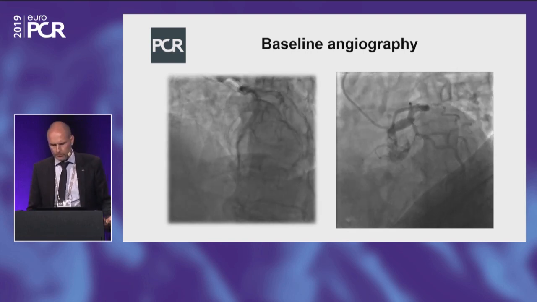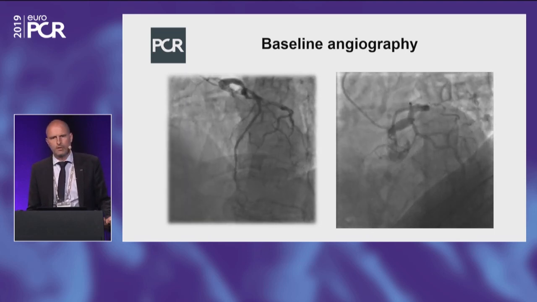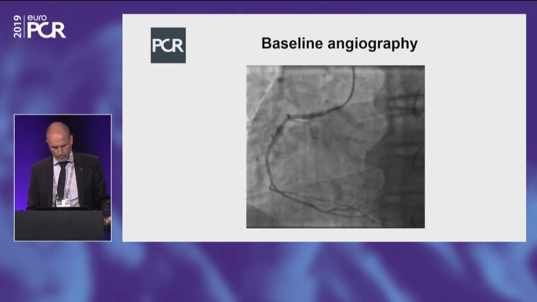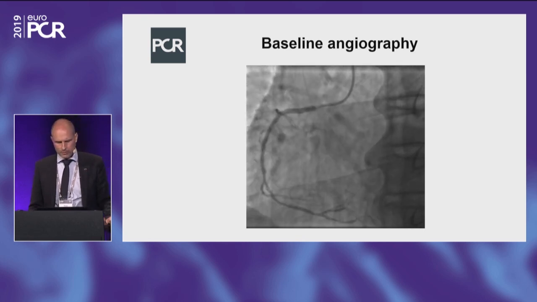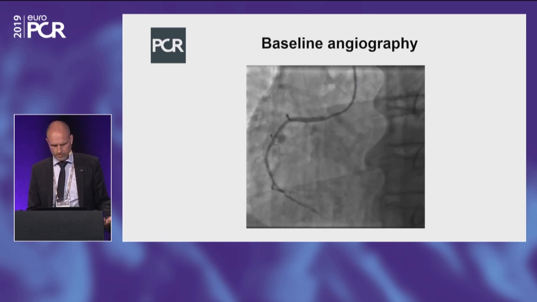And on the spider view, we can see that indeed the ostium of the circ seems to be involved in the distal left main lesion. We had also, proximal to the stent of the right previously implanted, a tight stenosis of the ostium of the right.